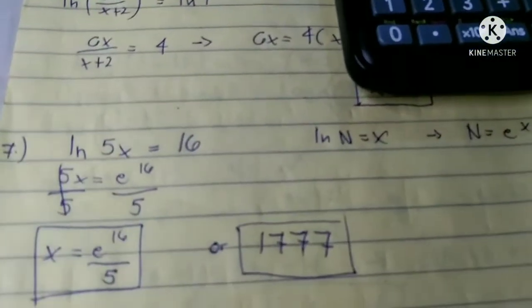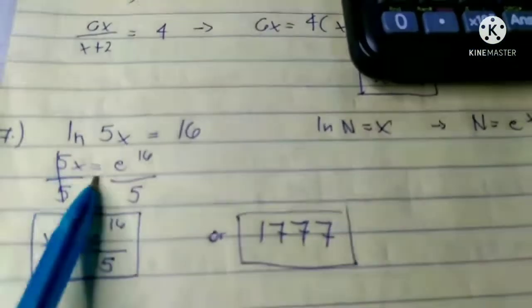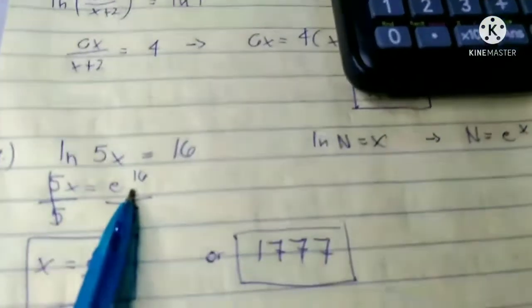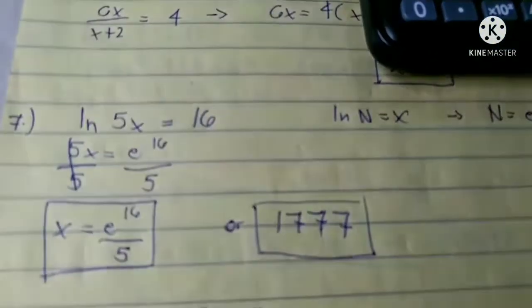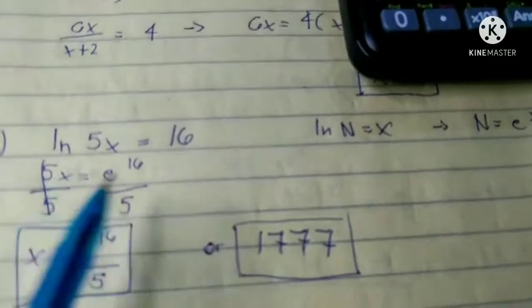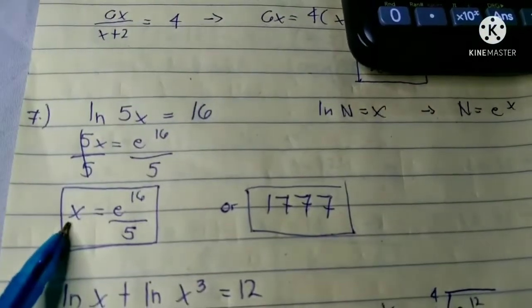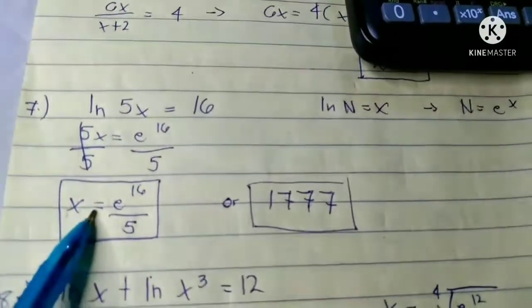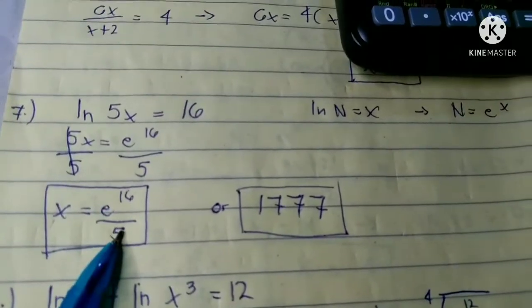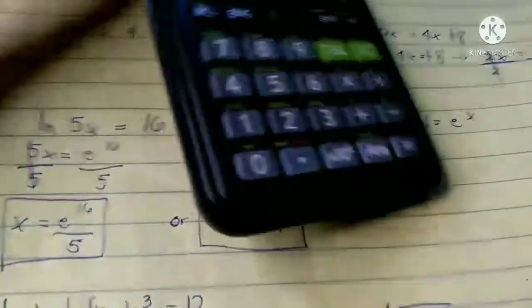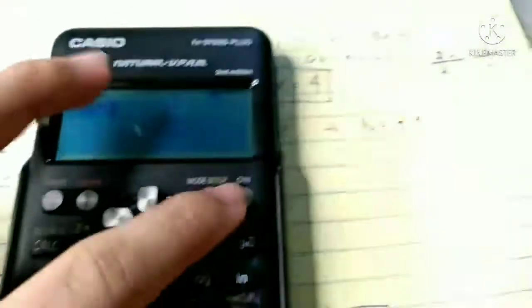Then we can write it now like 5x equals e raised to 16. So we can now solve by dividing both sides by 5, and we can get our x. Our x is equal to e raised to 16 over 5, or we can simplify this and we get our answer.